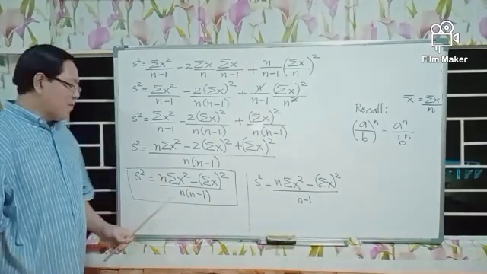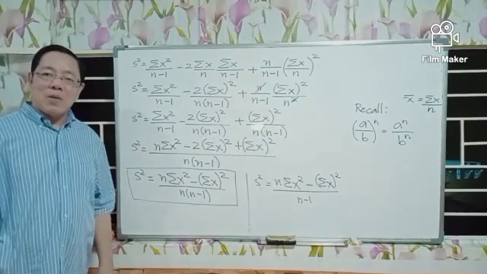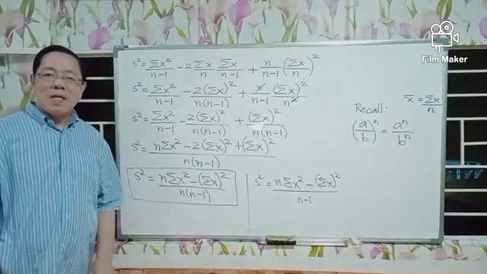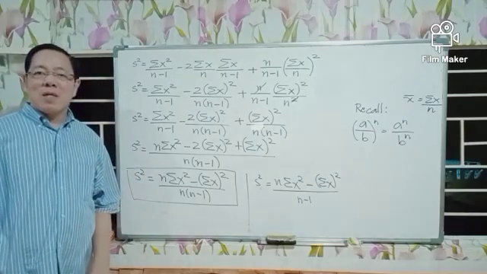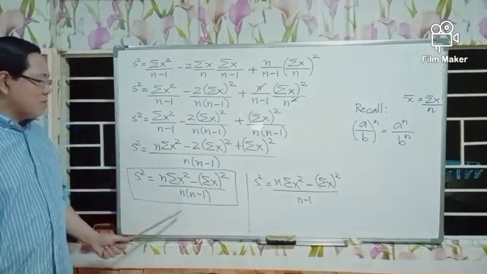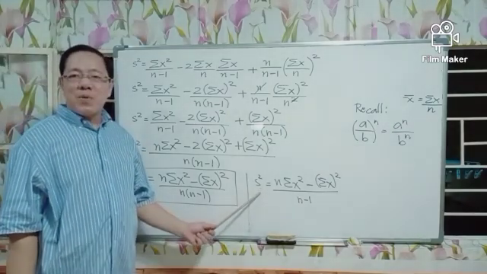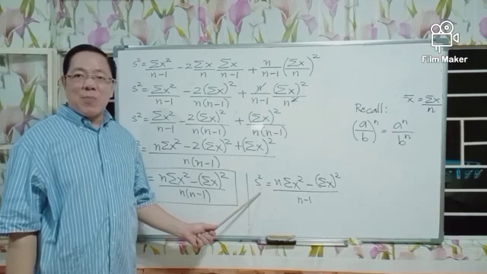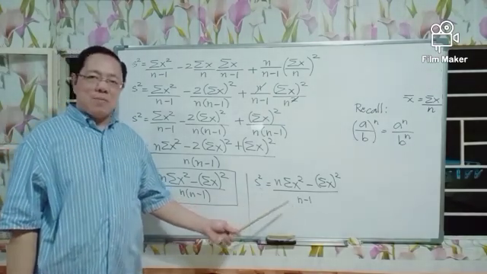This is now the formula for sample variance that will give you a value of standard deviation that is more accurate and that will give you a standardized coefficient of variation. In the last lesson, we used this formula to compute the standard deviation of a sample, and in the denominator we have n minus 1.